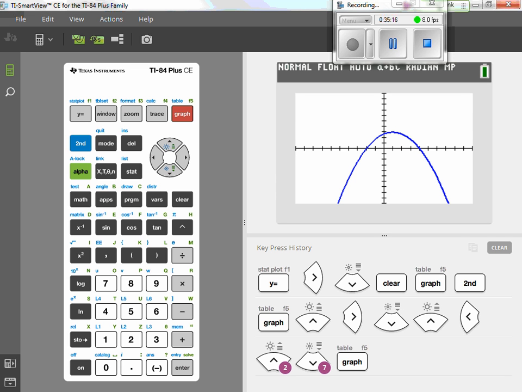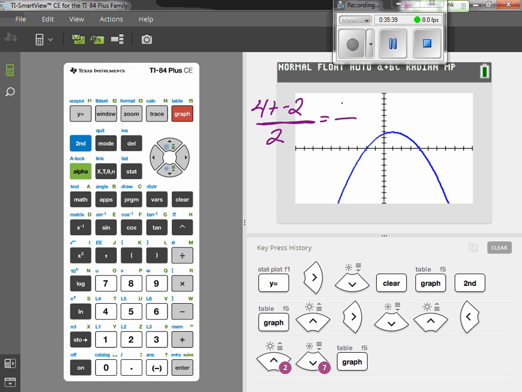Now what we need to find is the axis of symmetry and the vertex. Well, the axis of symmetry for this here is p plus q over 2, so 4 plus negative 2 over 2, because I took those two intercepts. So we still have to do this one by hand. 4 plus negative 2 is 2. 2 divided by 2 is 1.